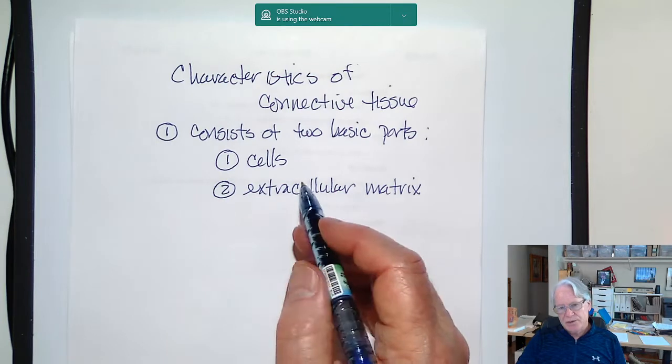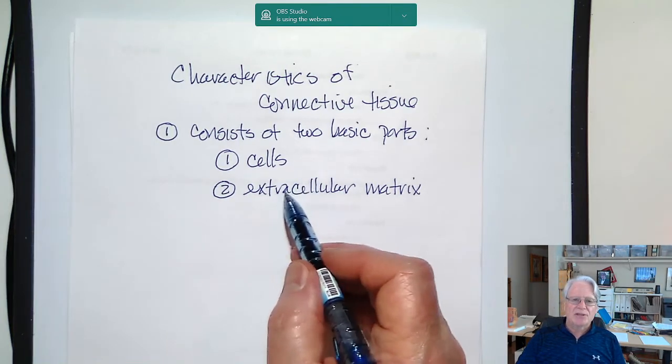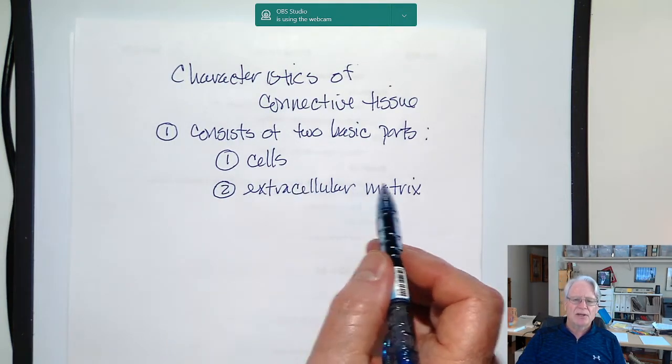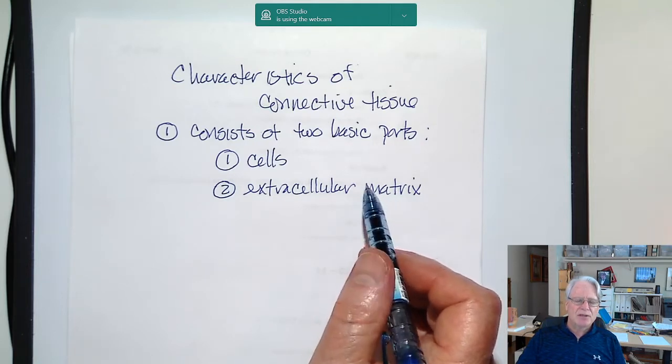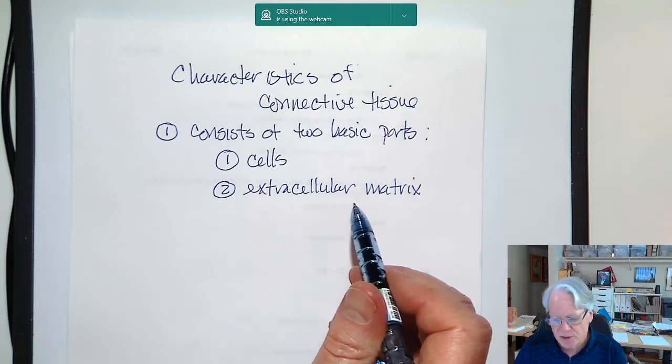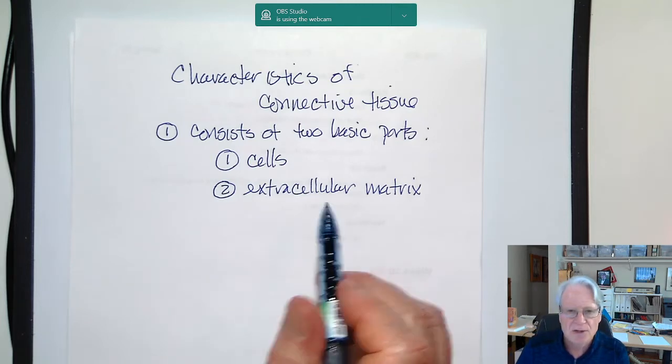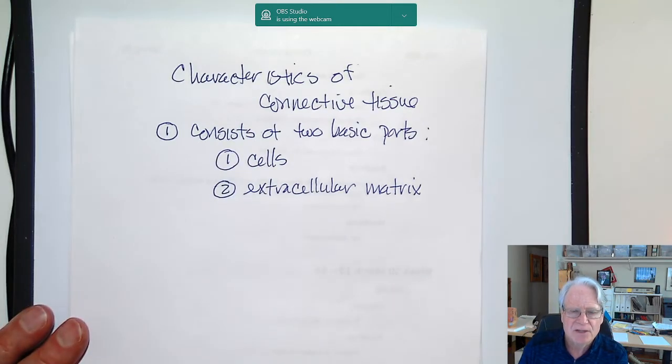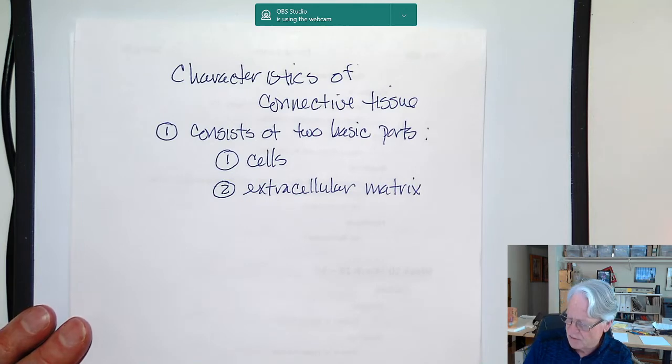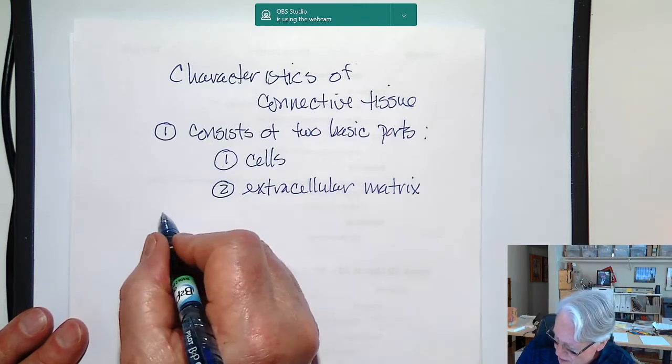So we have cells, and we have this extracellular material that we're referring to as a matrix. So that's the basic construction, if you will, of all different types of connective tissue. They consist of these 2 basic elements.